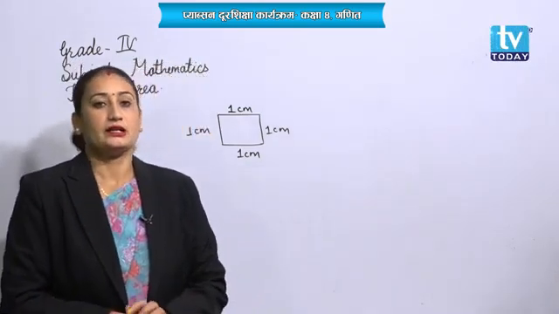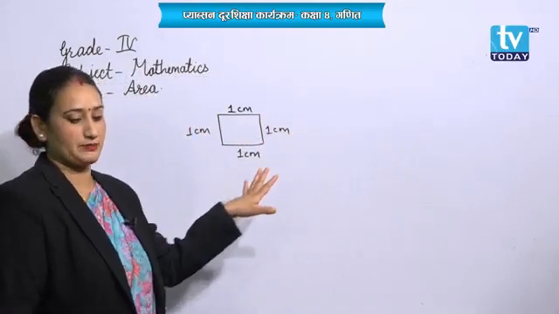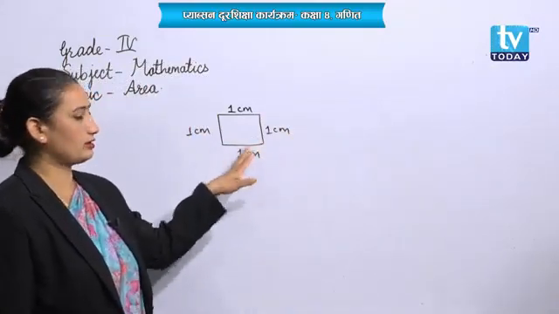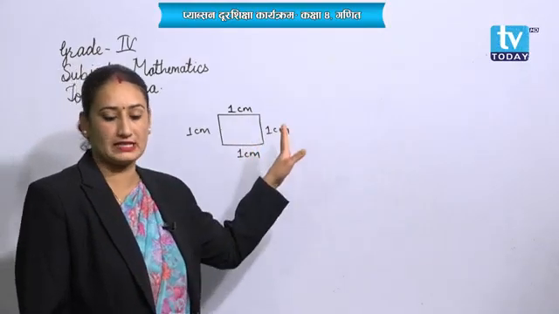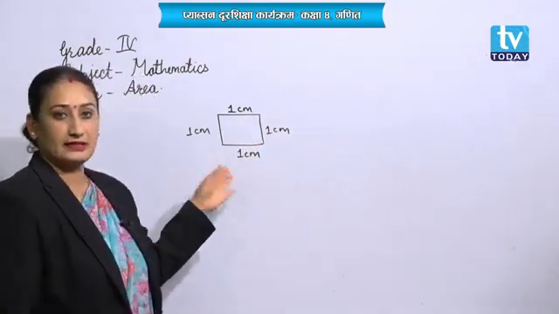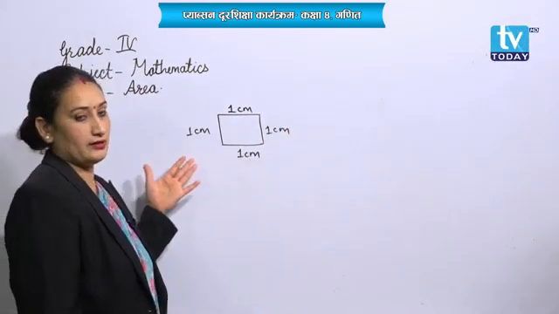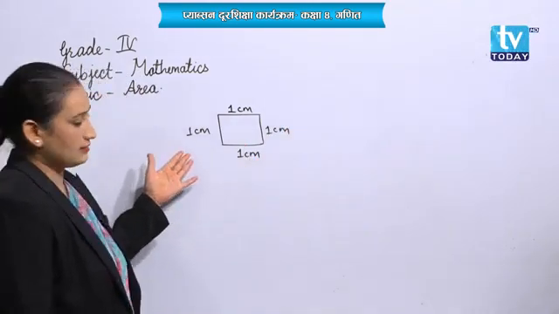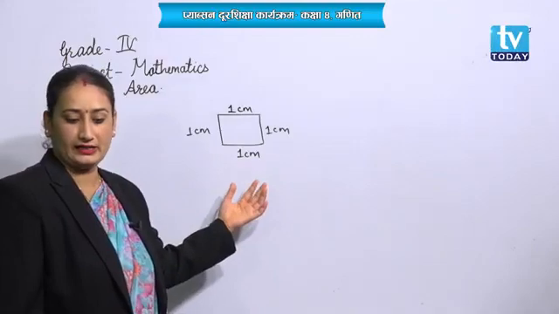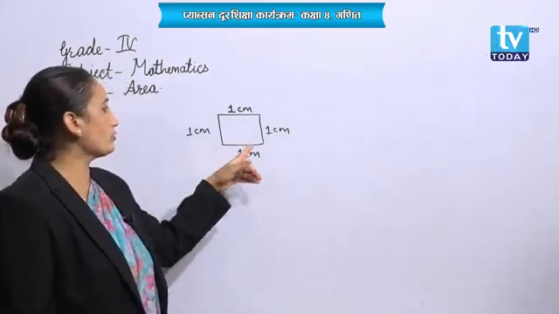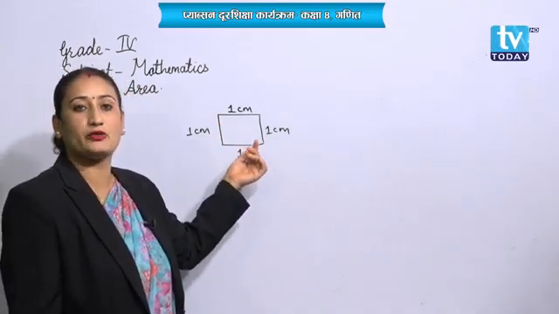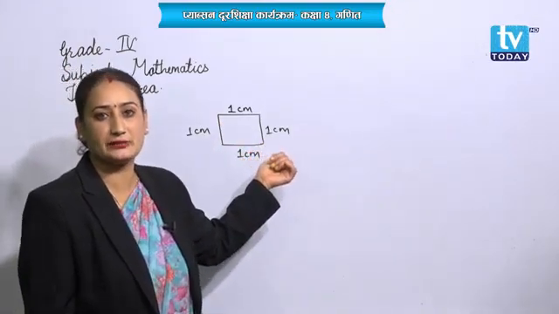So students, the figure alongside is bounded with 4 straight lines, and the surface is enclosed by square units. The unit is called centimeter.